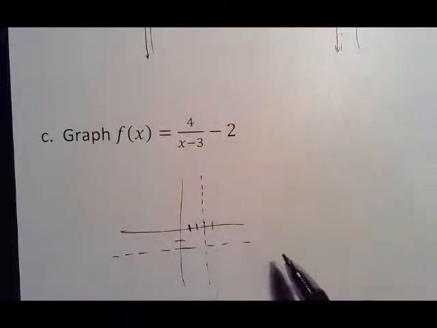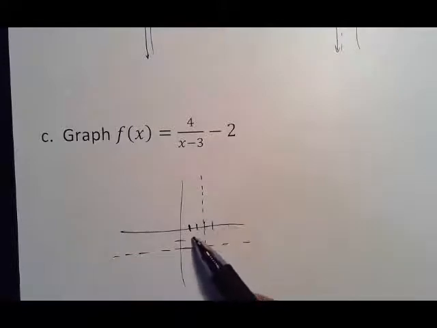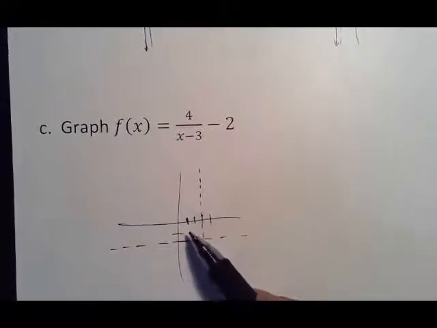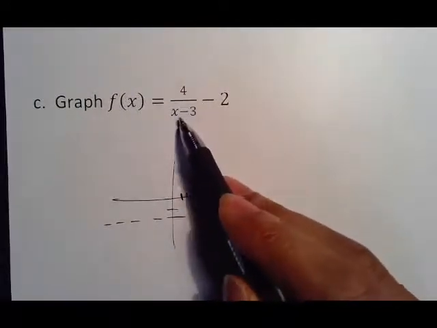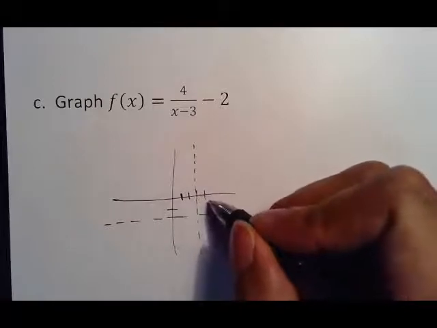Again, the 2 points I'm going to check are 4 and 2, which again, I don't know why I did all that work on the calculator earlier. 4 minus 3 is 1. 4 divided by 1 is 4. 4 minus 2 is 2.